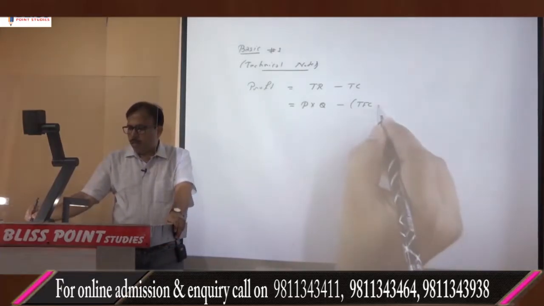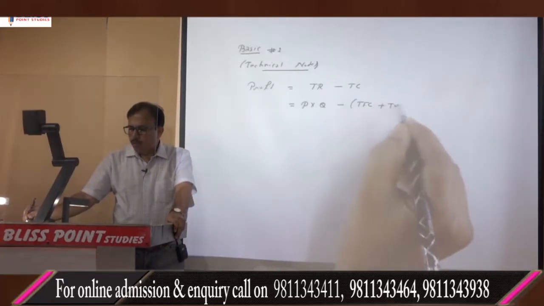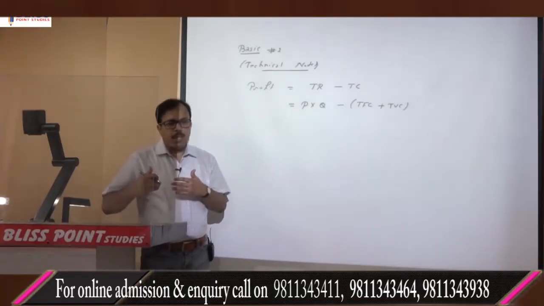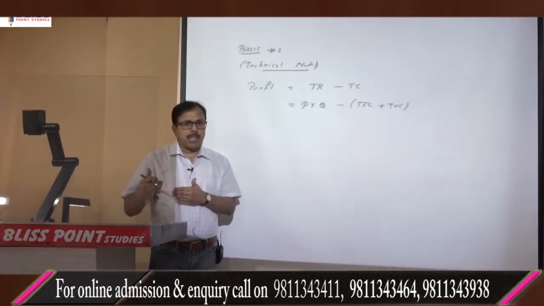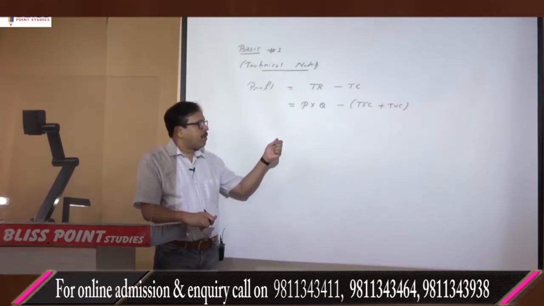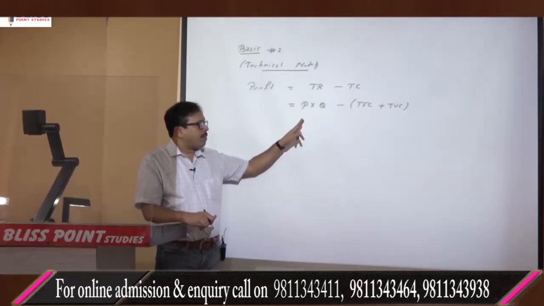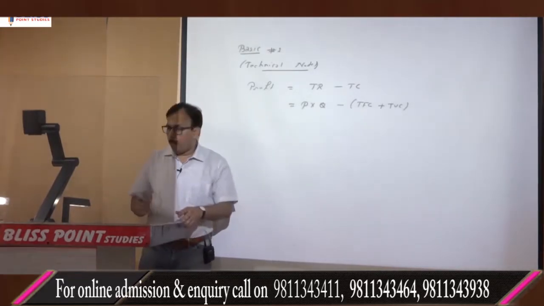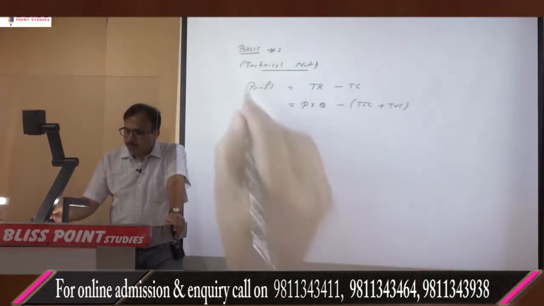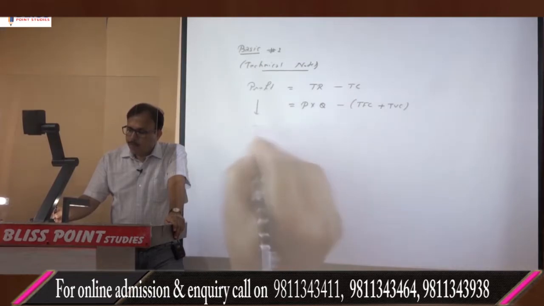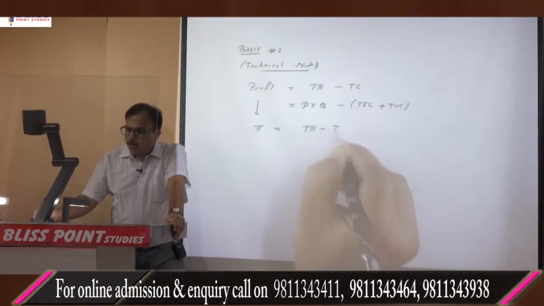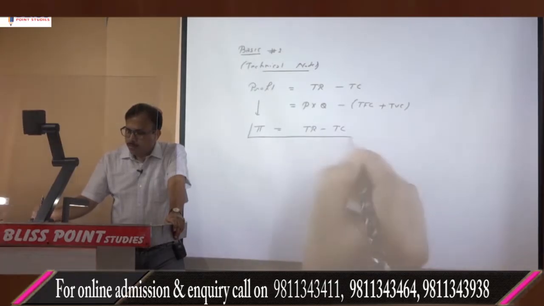And what will be the variable cost? Variable cost depends upon quantity. Now we are conducting classes, so it will vary as per the classes, like the electricity charges and other expenses. Those will be the variable cost. So total cost has two parts, one is fixed, other is variable. So profit is revenue minus cost. You can denote profit by the pi symbol. So profit = revenue minus cost. Clear?